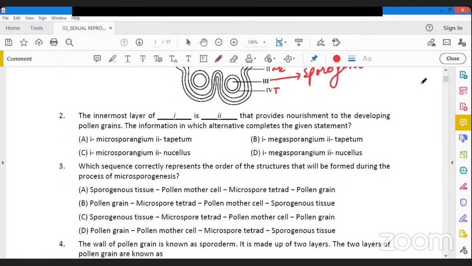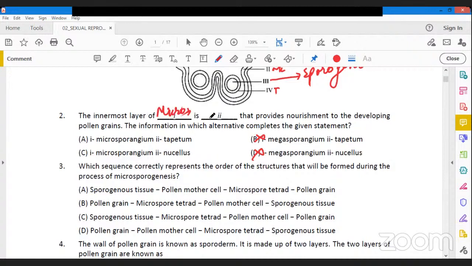Then the second one: the innermost layer of dash is dash that provides nourishment to the developing pollen grains. As soon as pollen grains are mentioned, it is related to the anther, the male part. So the innermost layer of the microsporangium. Mega would be wrong here, because pollen grains must relate to the microsporangium.